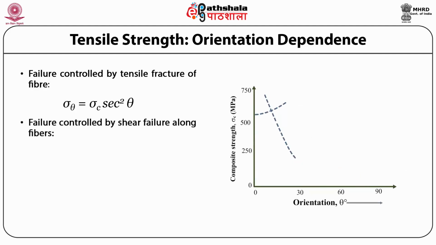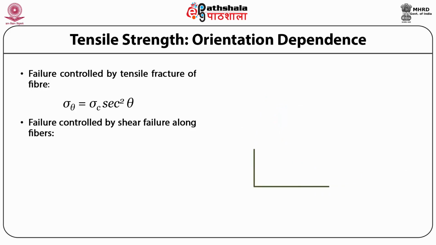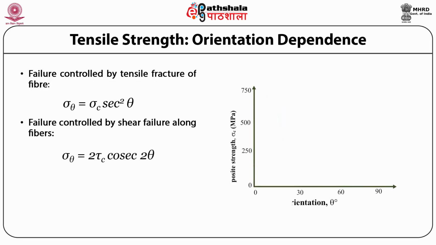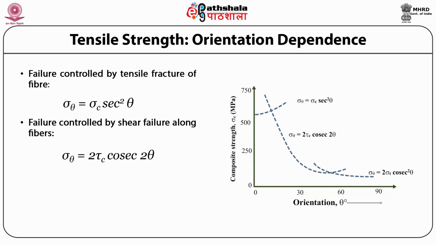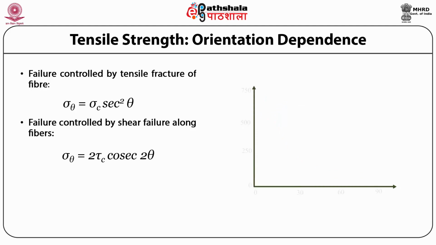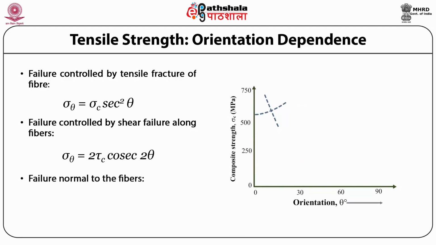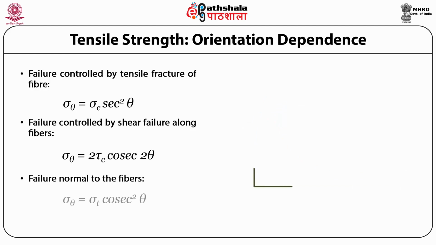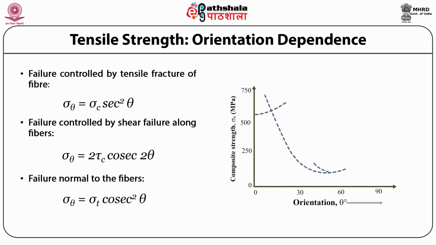Second, the failure controlled by shear failure along the fibers, which is given by sigma theta equal to 2 tau c cosec 2 theta. Third is the failure normal to the fibers, which is given by sigma theta equal to sigma t cosec square theta.